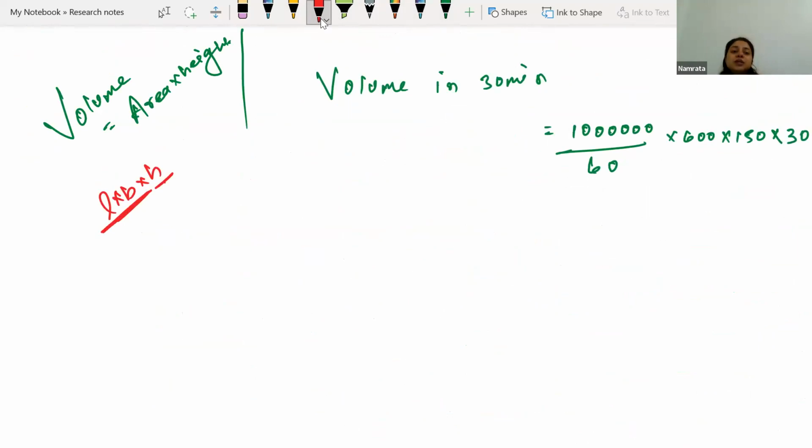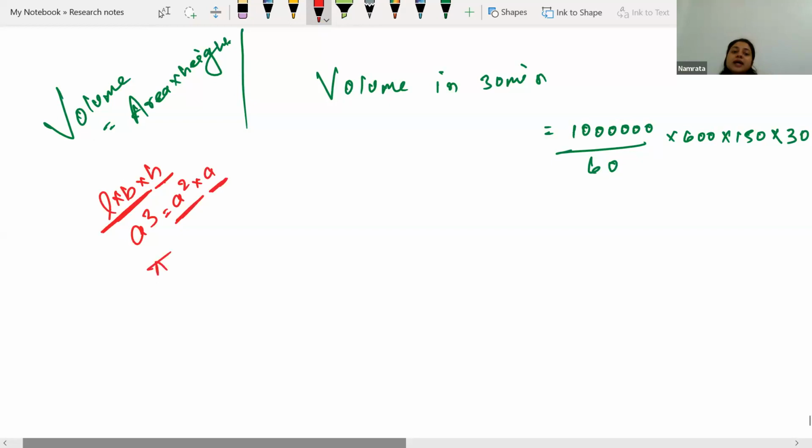Volume of the cube is a cube, that means we can write it as a square into a, area of the square into height. Volume of the cylinder is pi r square h, that means area of the circle times h.